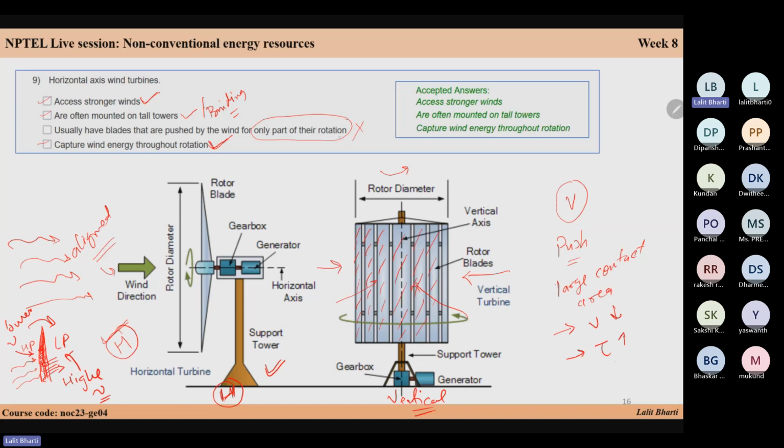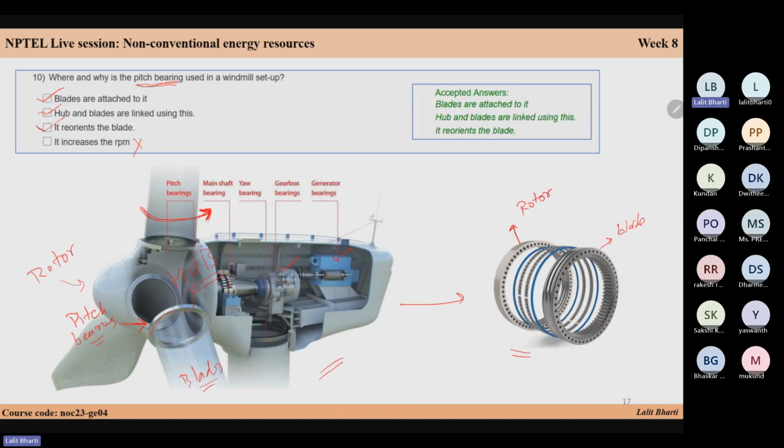So option 3 is not correct. And option 4 is capture wind energy throughout the rotation. That is correct, that throughout the rotation, the energy will be converted from wind to electrical energy. So options 1, 2 and 4 are correct. Only the third is not. Then we have the next question.